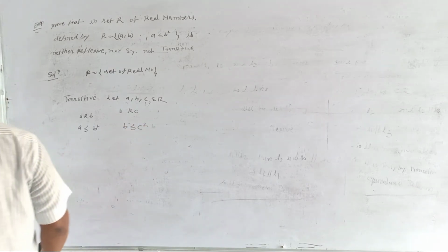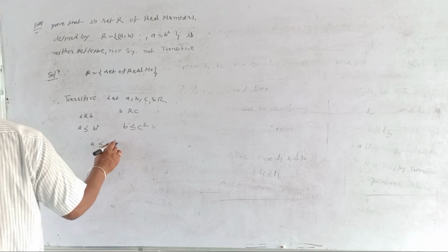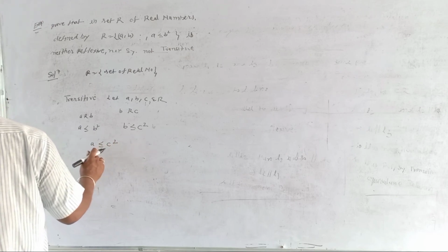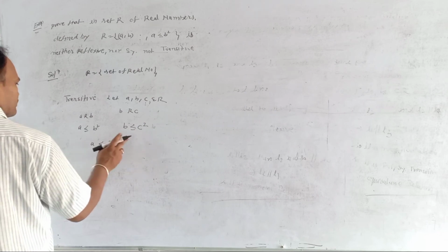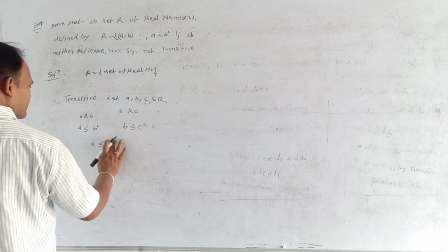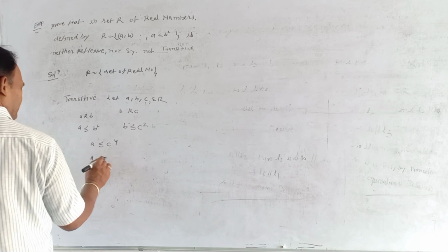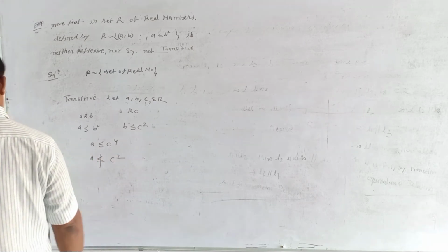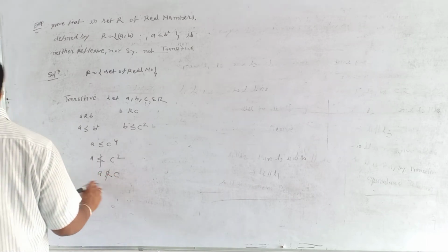Then we need a ≤ c². Is it right? If a ≤ b² and b ≤ c², then a ≤ c⁴, so it is not necessary that a ≤ c². So a is not related to c.